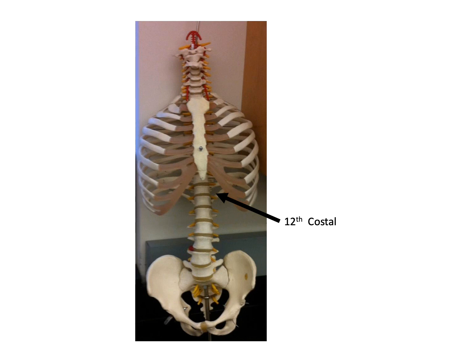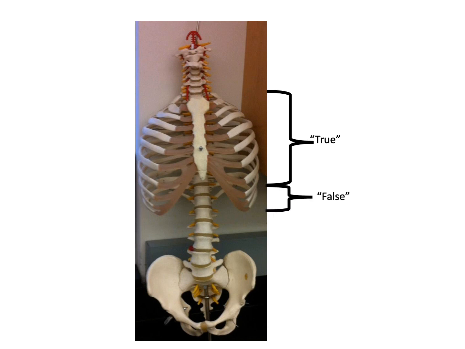However, we use a different recognition for costals when it comes to the kinematics of the thoracic cage, in which costals 1 through 7 are the true costals. 8 through 10 are the false costals. And then the final two, 11 and 12, are the floating costals.